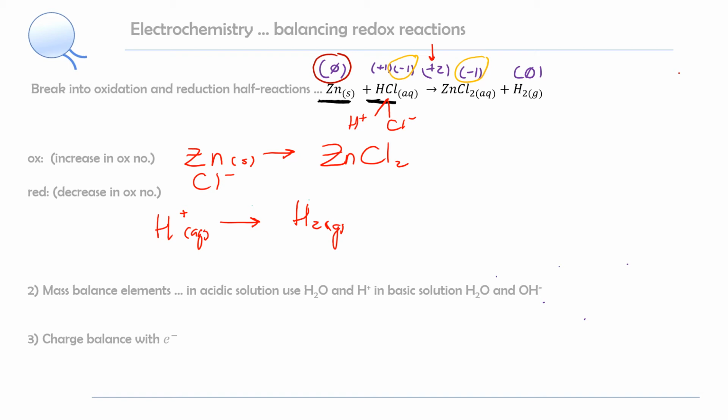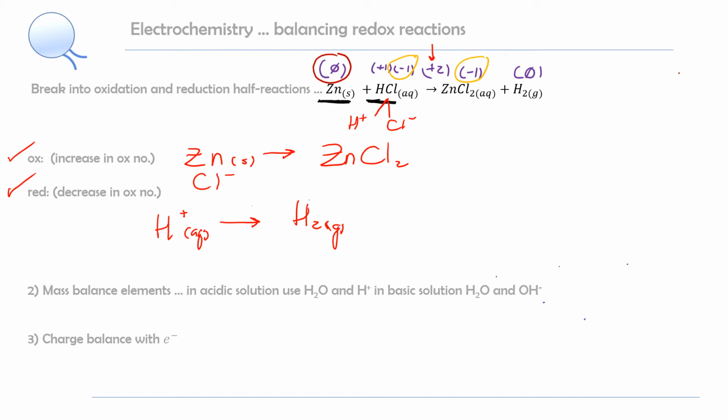So we've broken up the overall reaction into the oxidation and the reduction half reactions. And we knew which substance is undergoing oxidation because of an increase in oxidation number for the zinc. And for the reduction, a decrease in oxidation number for the hydrogen. Okay, so that's step one, breaking up the overall reaction into the two half reactions.